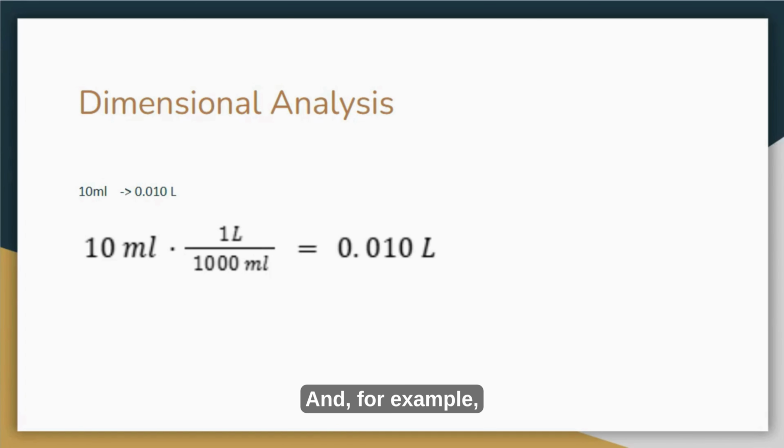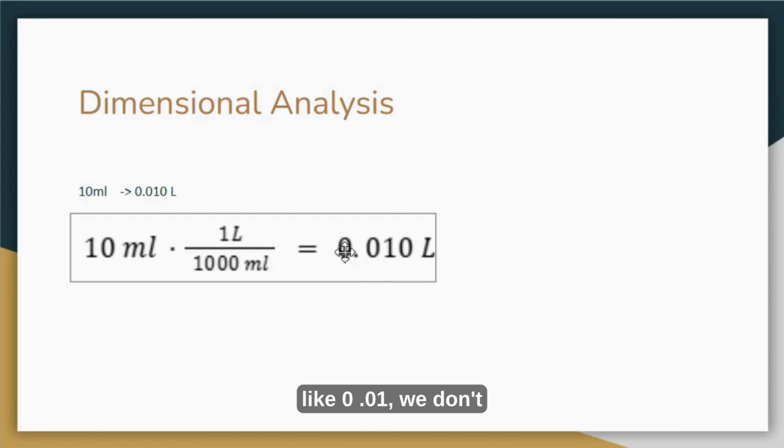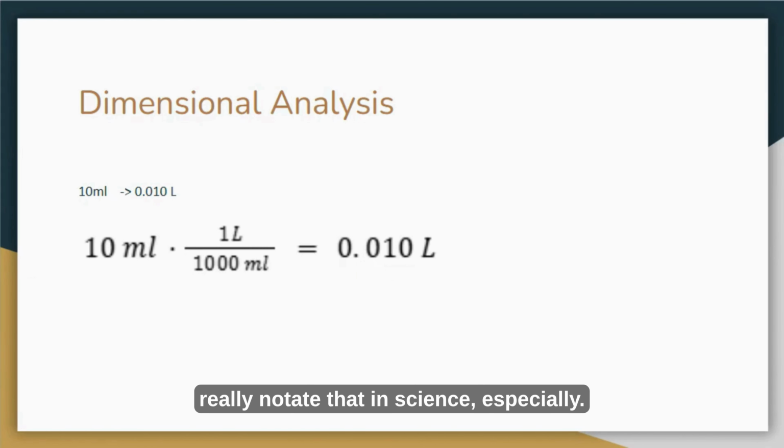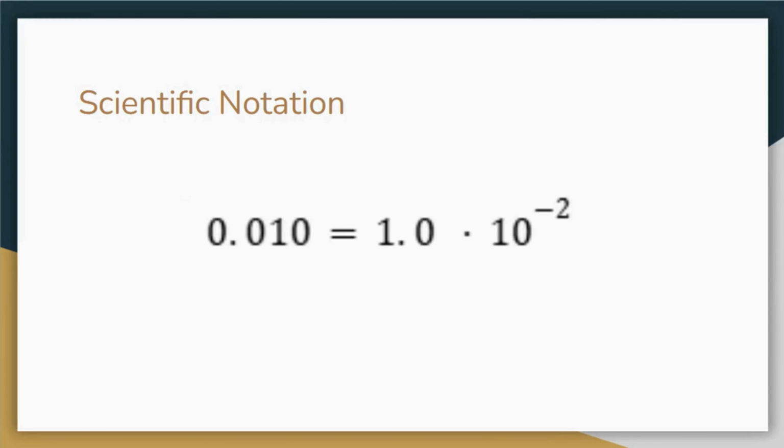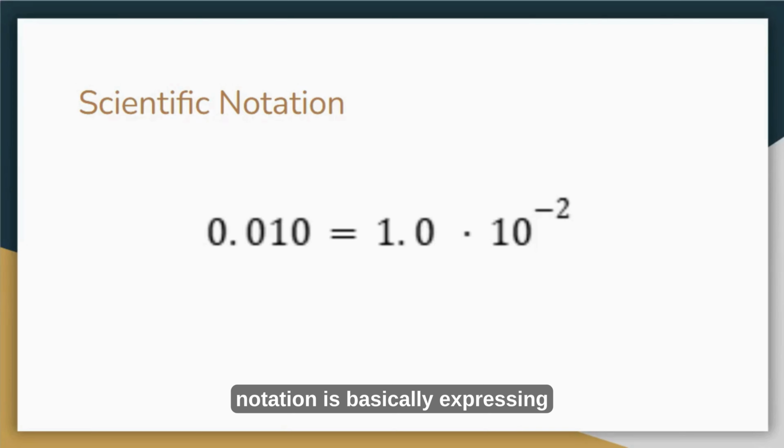And for example, like 0.01, we don't really notate that in science, especially. There is something called scientific notation. Scientific notation is basically expressing a certain number in terms of something times 10 to the something power.